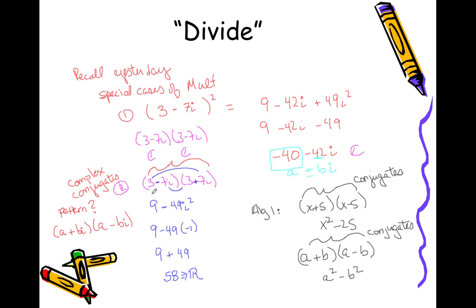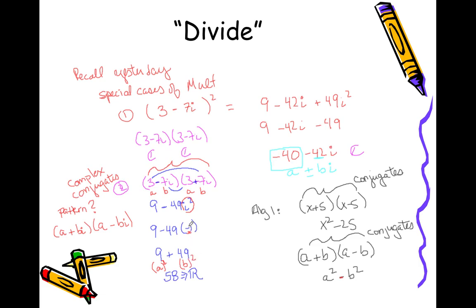And look at what happened here. A, B, A, and B. What did you end up with? Isn't it 9, a squared? And then instead of the minus in regular algebra with real numbers, because negative 7i times positive 7i is negative 49i squared, which resulted in this negative 1, I do have 49 is b squared, isn't it?